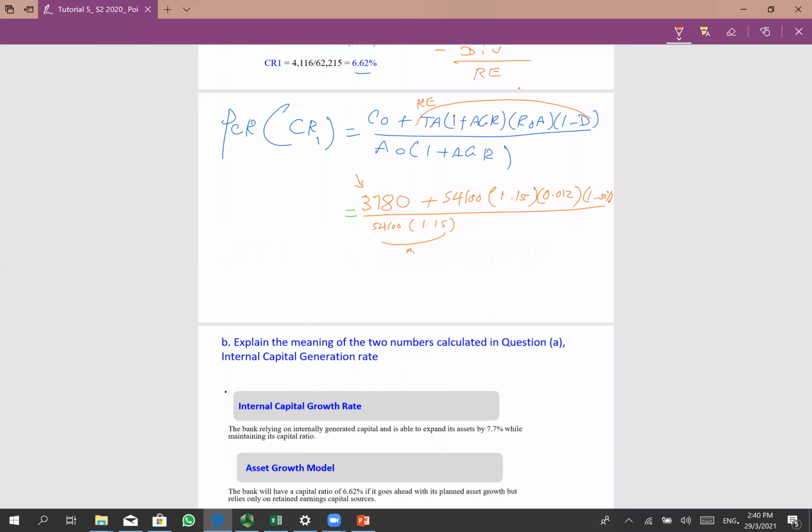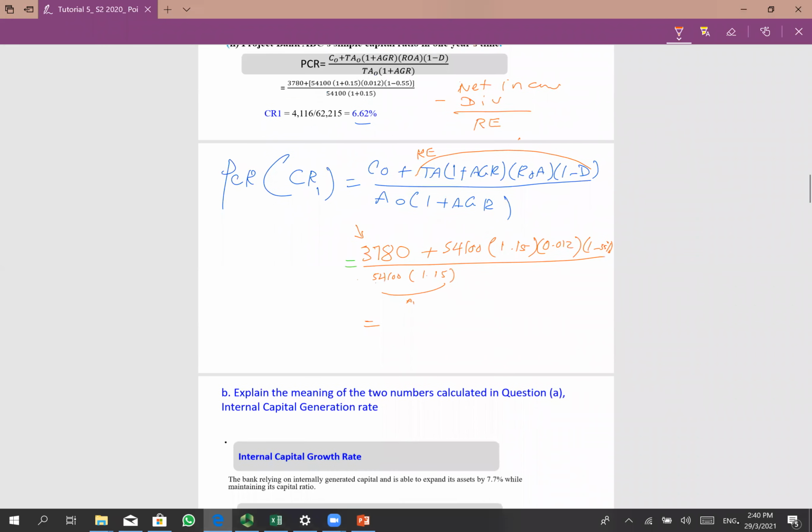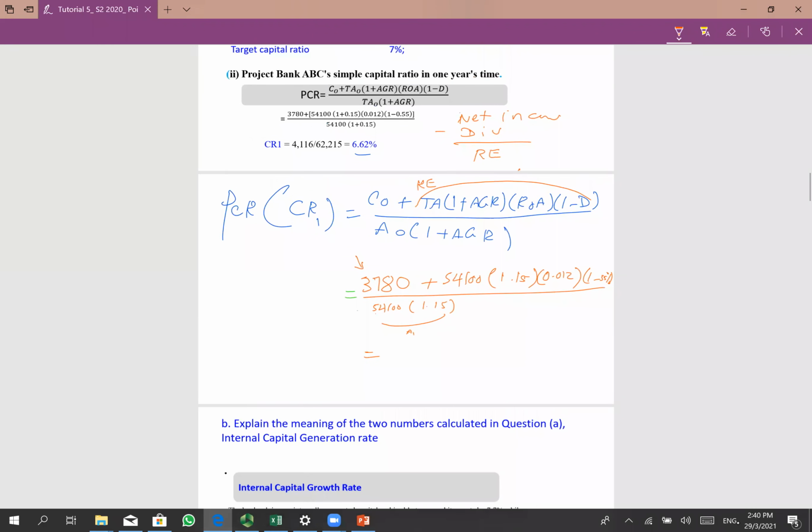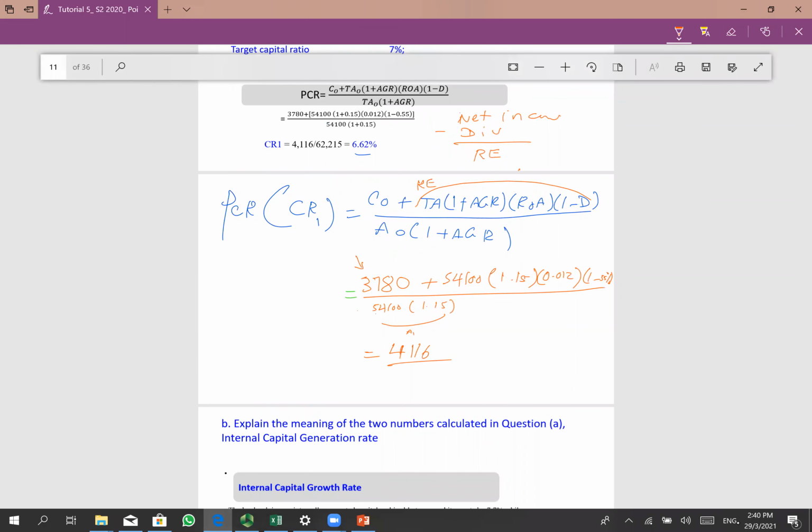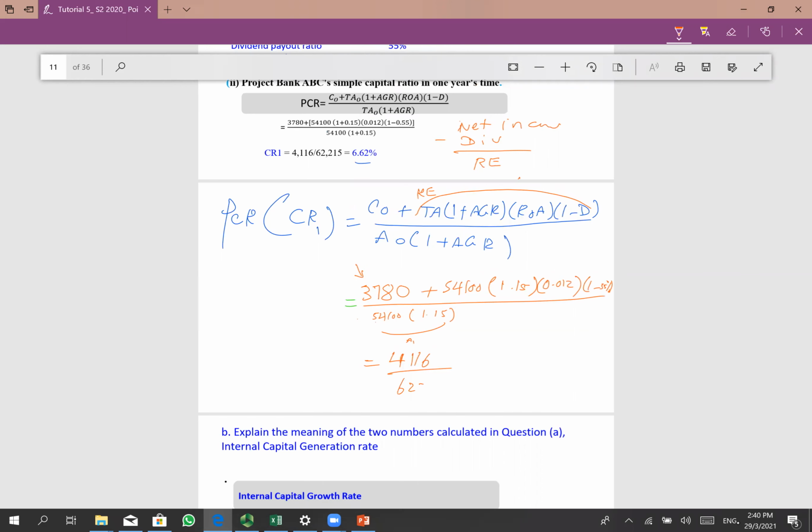So all I have to do now is to find this. If you calculate it, my capital now, instead of 3,180, it becomes 4,116, and this becomes 62,215. And this is telling me, if you continue with your growth, you will have 6.62%.